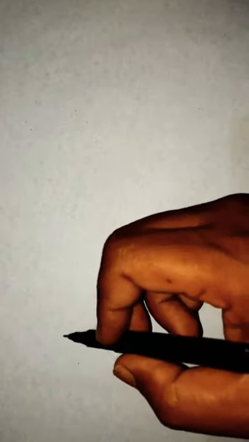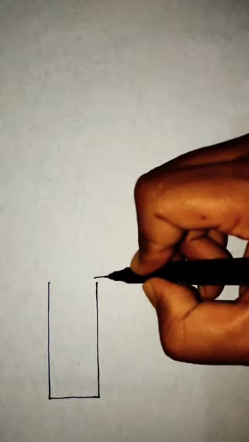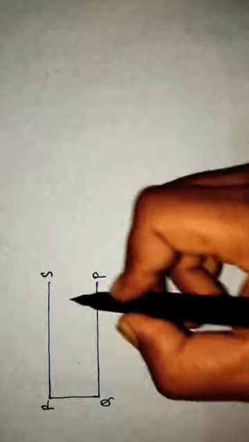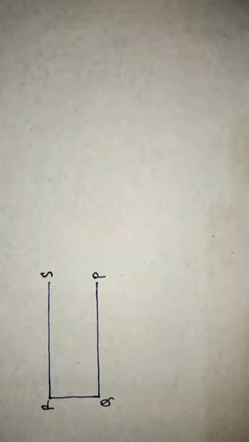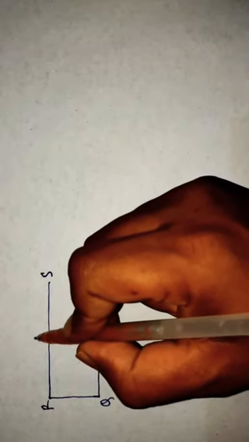Here I am taking PQRS, a U-shaped metal wire, and AB is a sliding wire.